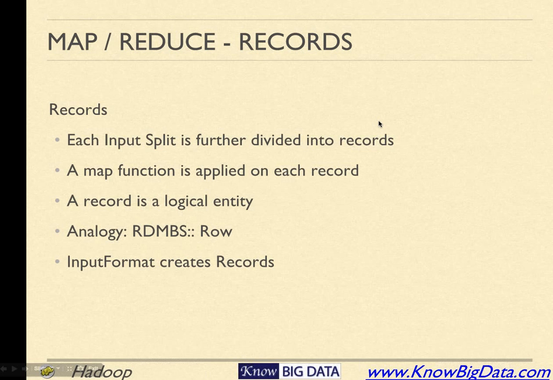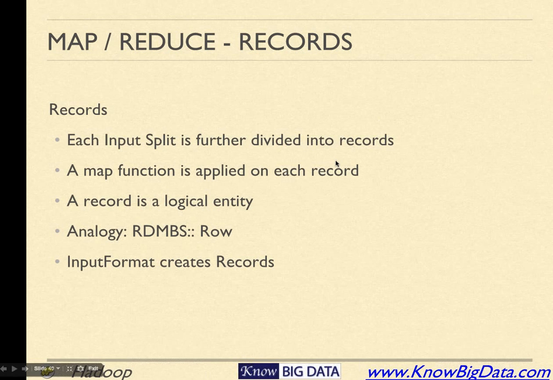A record is basically a logical entity, not the way it's physically stored. We have created a record out of our raw data. Our raw data could be in XML format, but a record is a logical entity, based on the way we want to process our data.